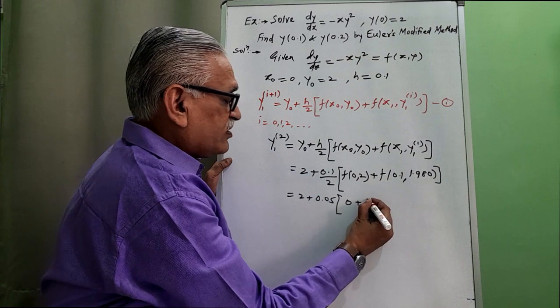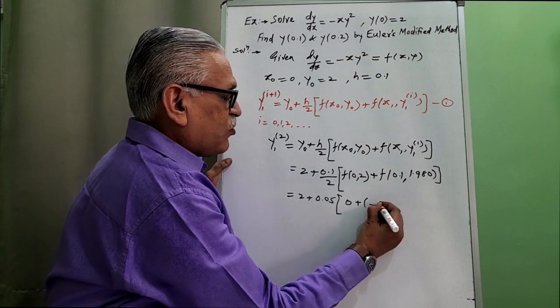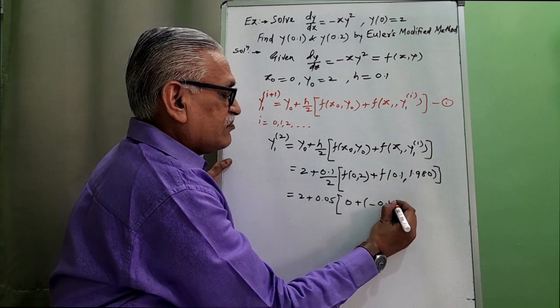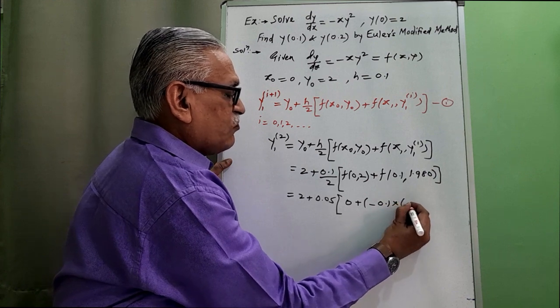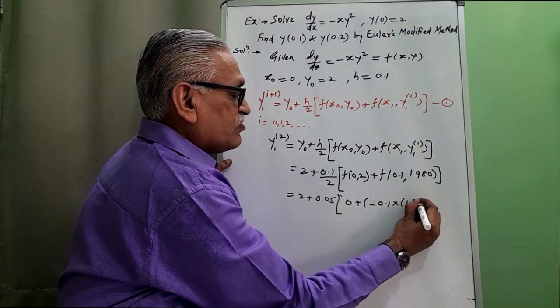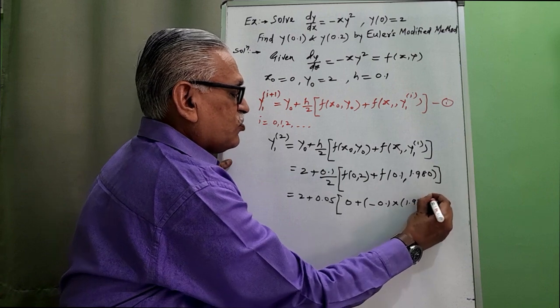minus x y square, therefore that value is with minus sign, 0.1 into 1.980 whole square.